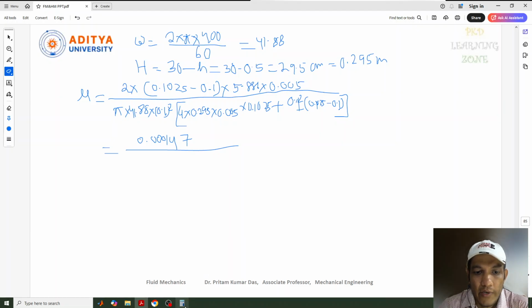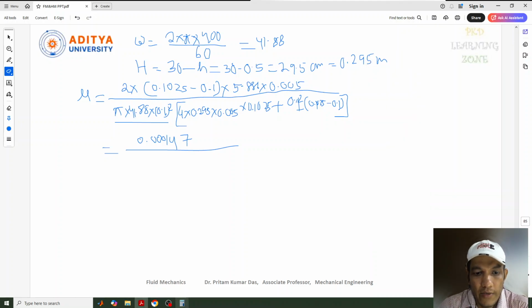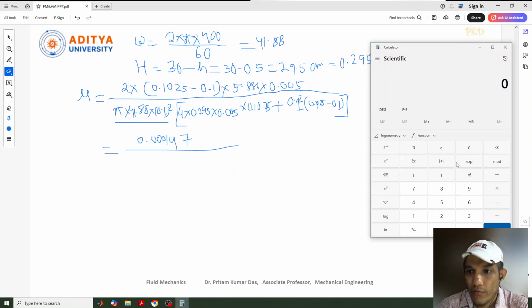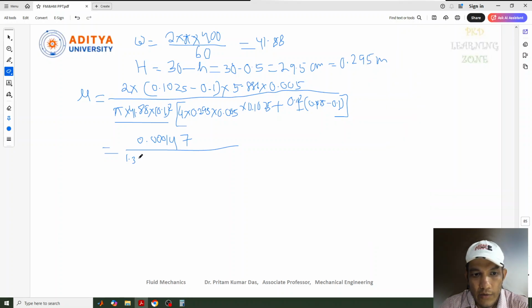Now in the denominator part, let's write. First we'll solve this part, then go for the next one. Here we write pi into 41.88 into 0.1 into 0.1. So this is 1.3156.